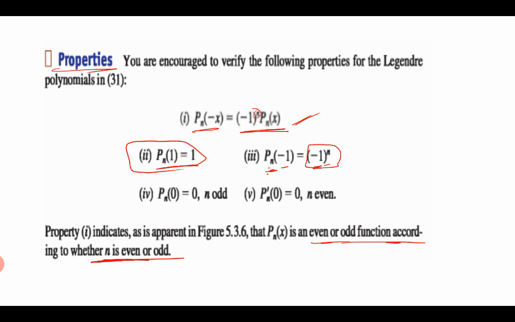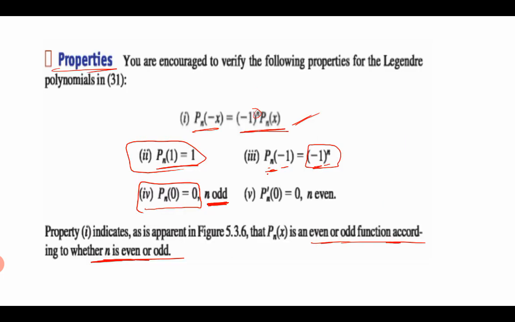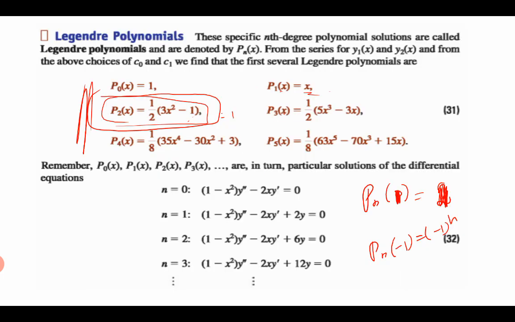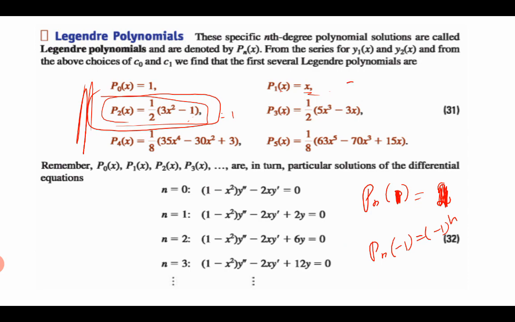Fourth property: Pn of 0 is 0 for n odd. For all n odd, go to the first three numbers and put x equal to 0. The answer should be 0. When n is odd, take these three, put x equal to 0, and this will be 0, 0, 0, isn't it?